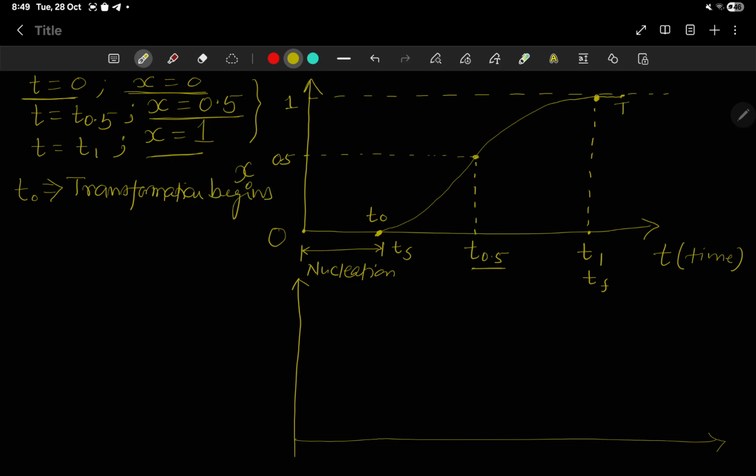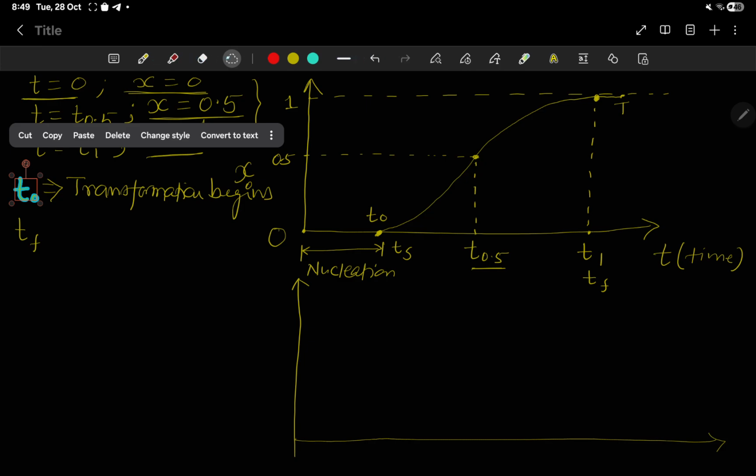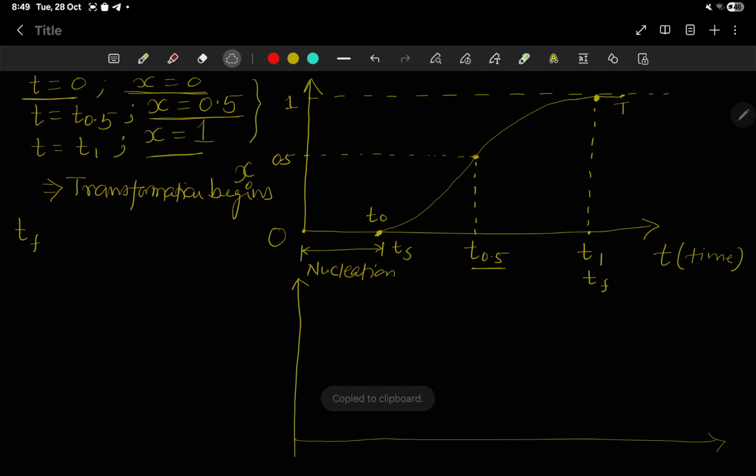And at point t1 or tf, I am writing this as ts, transformation begins or starts, and here transformation ends.